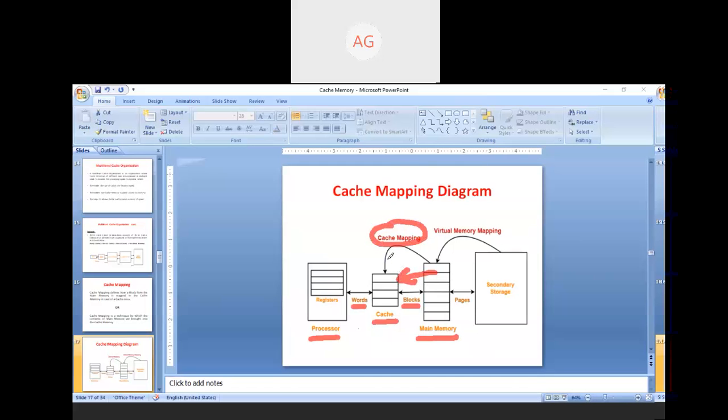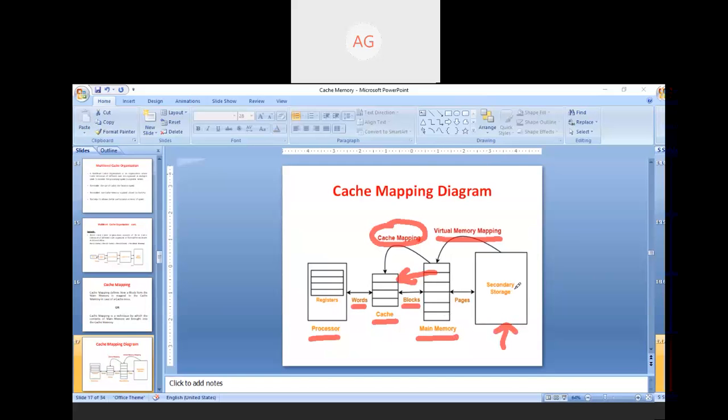So we are going to discuss cache mapping here, but in this diagram you also see the virtual memory mapping. If we don't find that word in the main memory, then we need to move to the secondary memory, which is at level 3 and level 4 of the memory hierarchy.